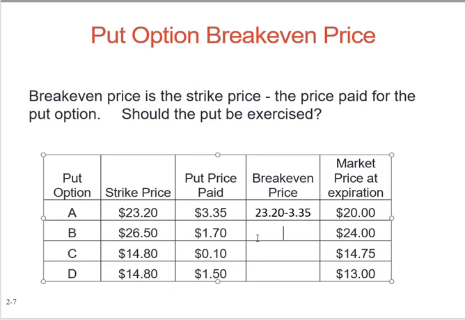The second one is $26.50 minus $1.70. The next one is $14.80 minus 10 cents. And then we have $14.80 minus $1.50.